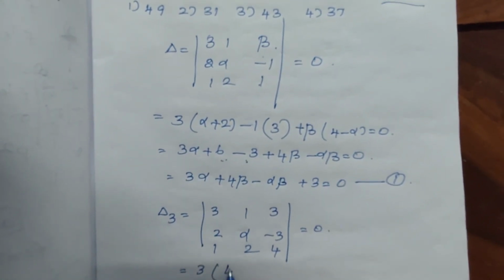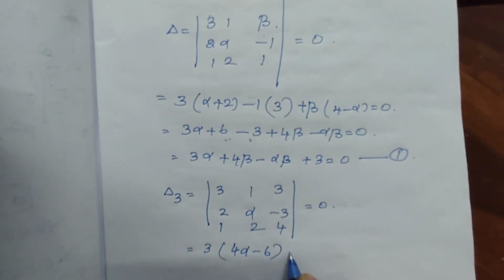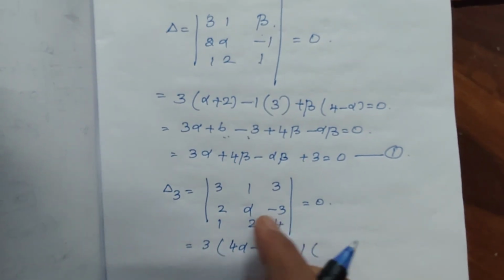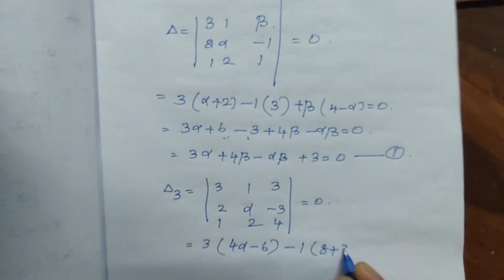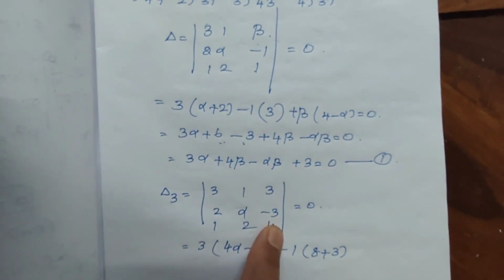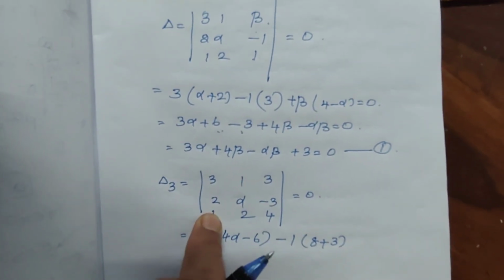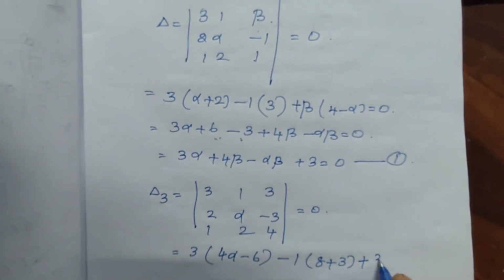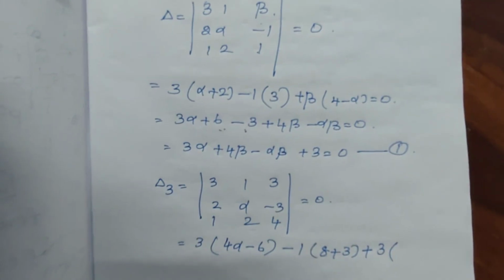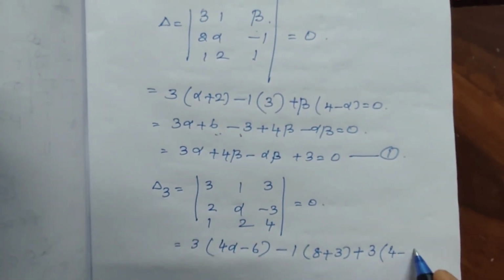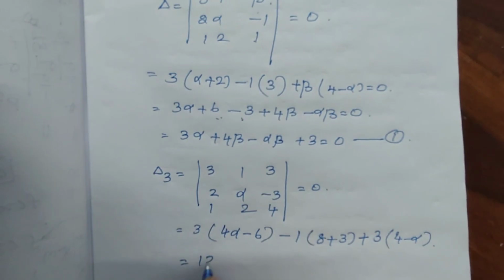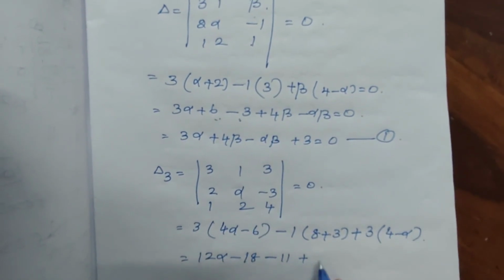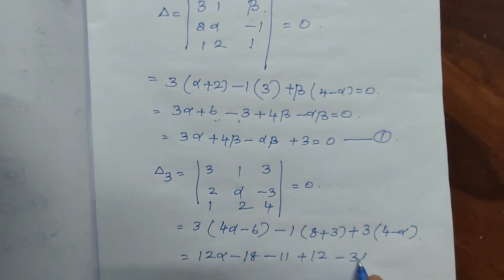Therefore 3 into (4α − 6) − 1 into (8 + 3) + 3 into (4 − α). So that is 12α − 18, here −11 plus 12 − 3α.